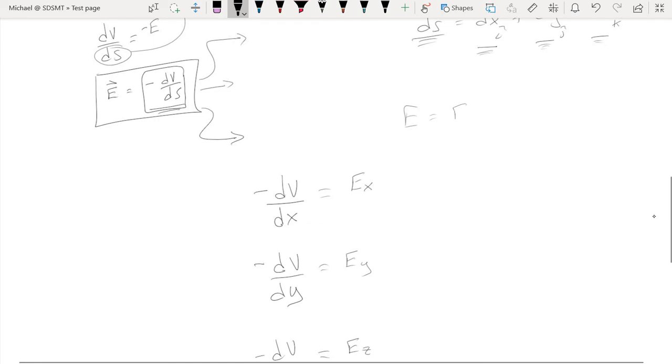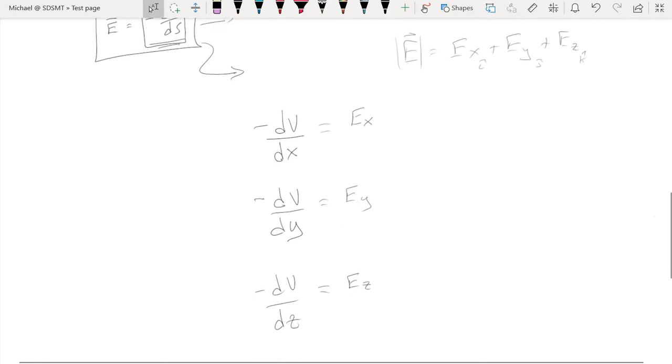It's always better if we can have components of any vector. And so we can find the x, y, z components of the electric field, and then if we have to put them back together in magnitude-direction form, no problem, we can do that.